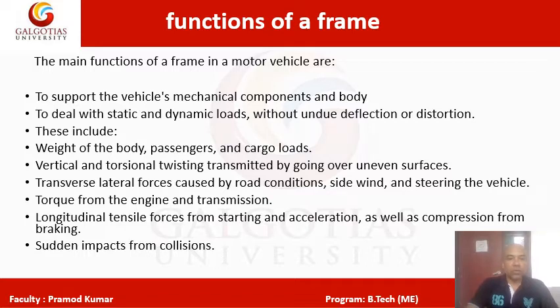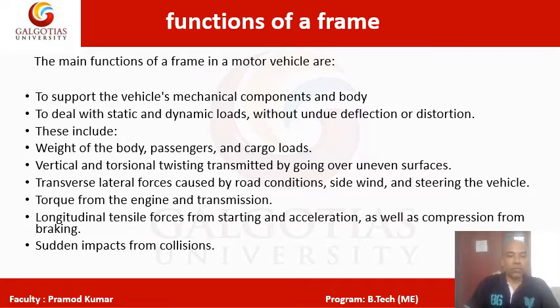Vertical and torsional twisting transmitted by going over uneven surfaces has to be taken into account, including the impact uneven surfaces have on the body. We have to take all those forces, distortion, and vibrations into account.